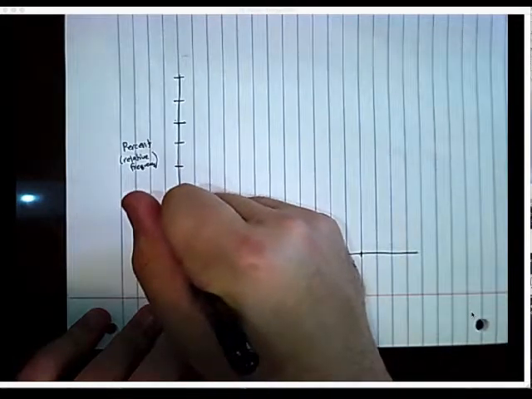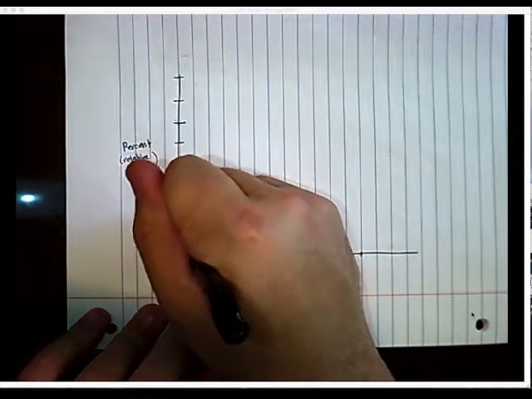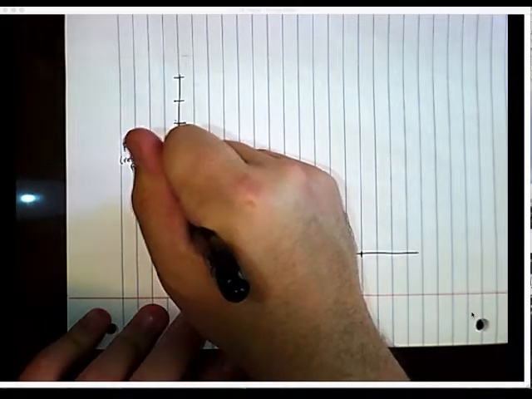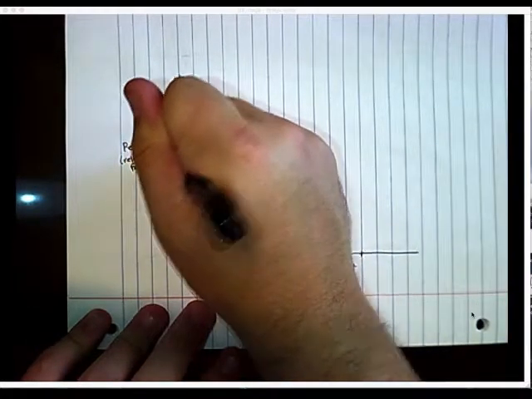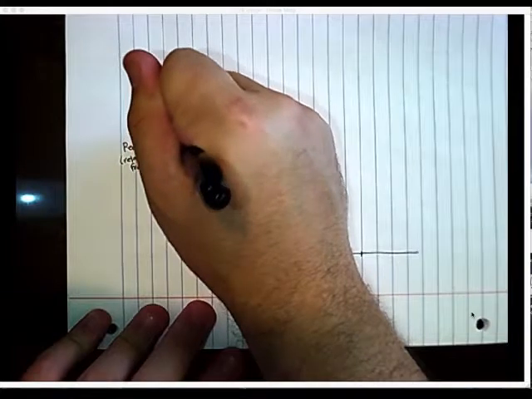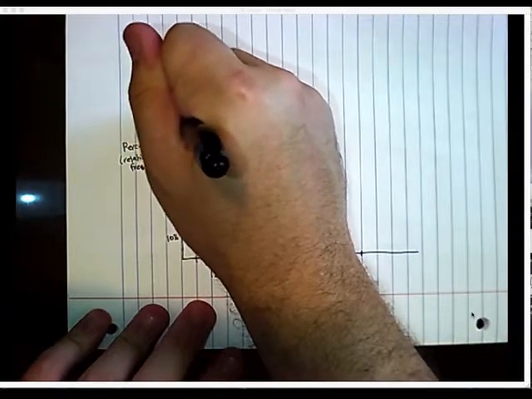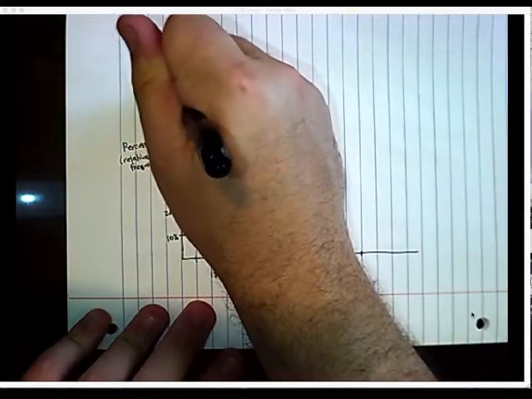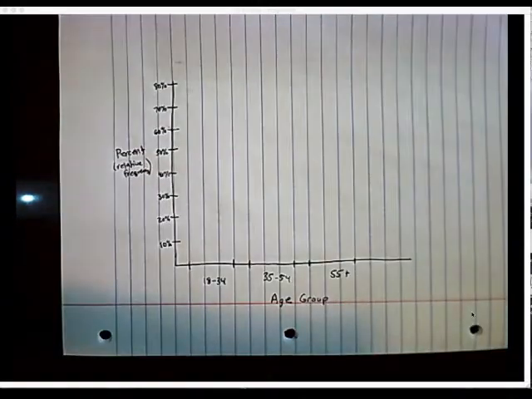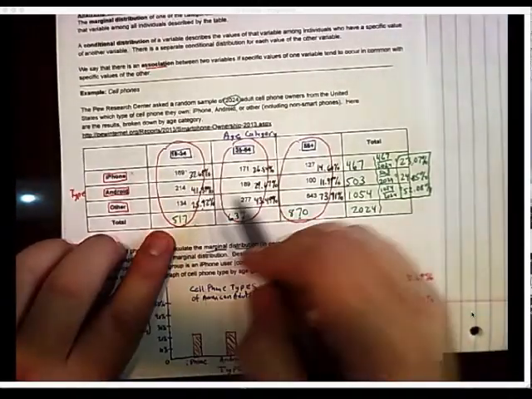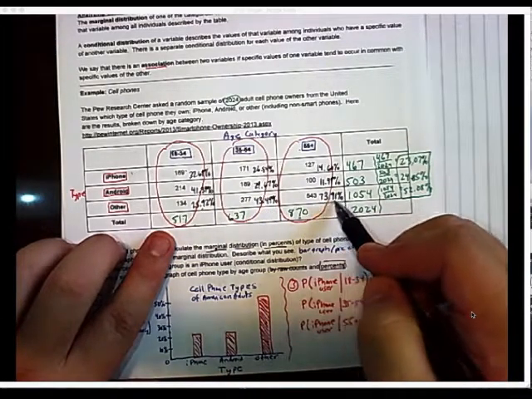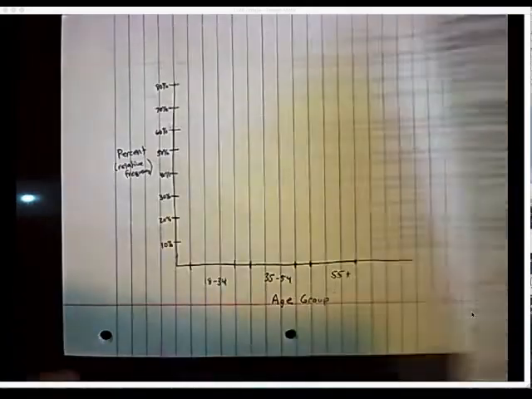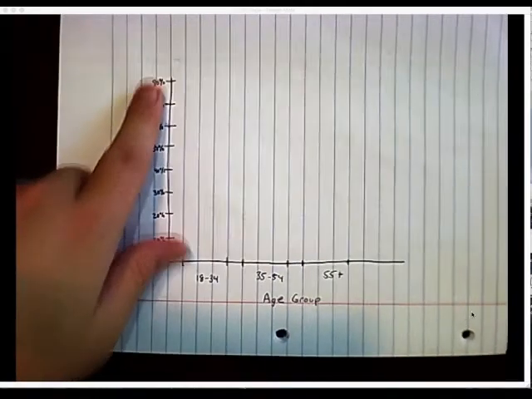So 10%, 20%, 30%, 40%, 50%, 60%, 70%, 80%. Now, how did I know to go up to 80%? When I look at all the percentages that I put into my table, the highest one I ever see is 73.91. So I know I don't really need to go above 80.